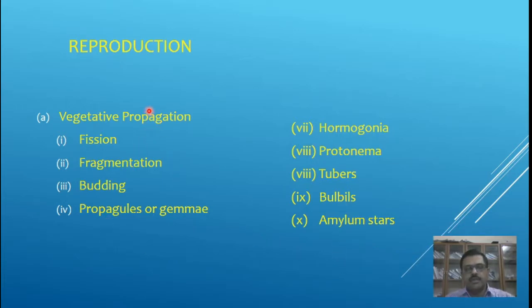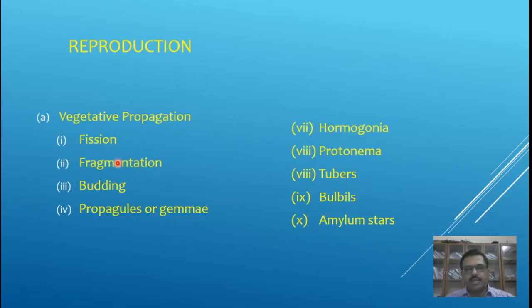So in vegetative propagation, we can see that some algae, especially unicellular algae like diatoms and desmids, show fission. Here we see binary fission, where the unicellular cell divides to form two daughter cells, and these daughter cells then form the new individual algae.